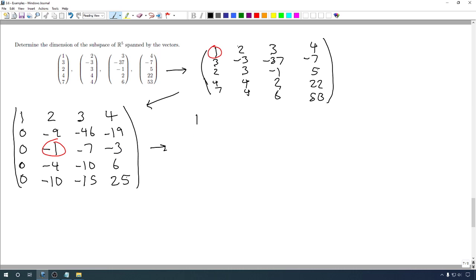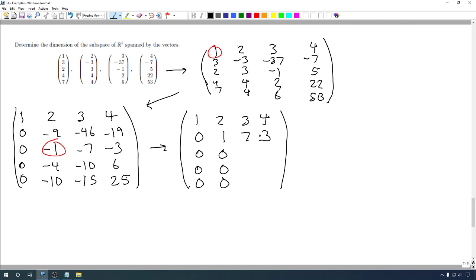So my first row is going to stay 1, 2, 3, 4. My second row is now going to be 0, 1, 7, 3. So not too bad there. We're still going to have zeros for the rest of the first column. And in fact, we are going to use this new pivot to change everything below that 1 to a 0 in the second row.